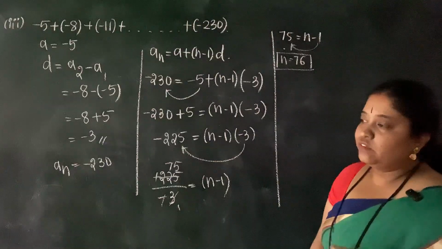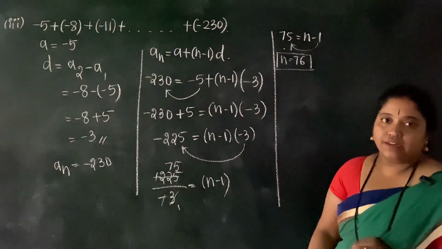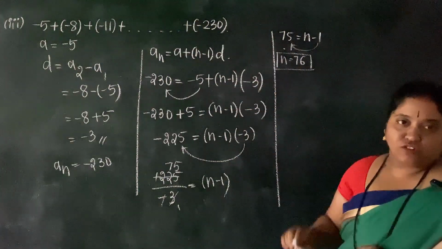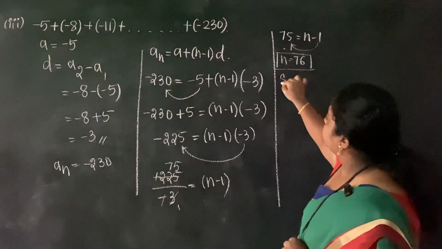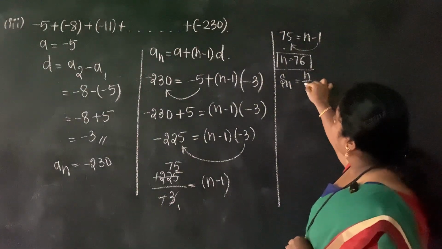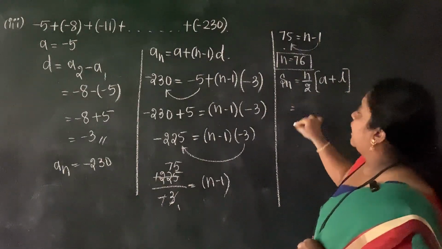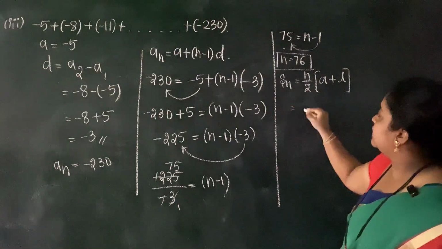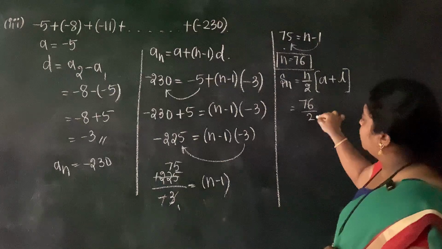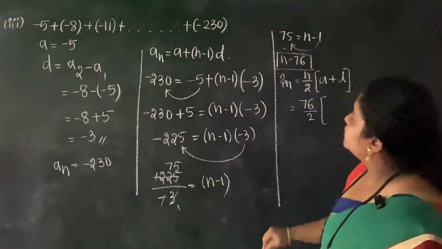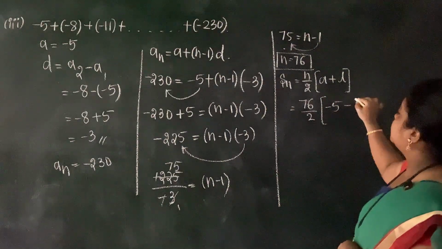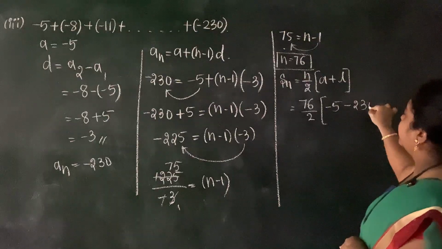Okay, so I should use the sum formula, second formula dears, because the first and the last term are known. So which formula will I be using? Sn is equal to N by 2 bracket A plus L, isn't it? N is equal to how much? 76. So 76 by 2 into A, which is minus 5, dears, and the last term is minus 230.